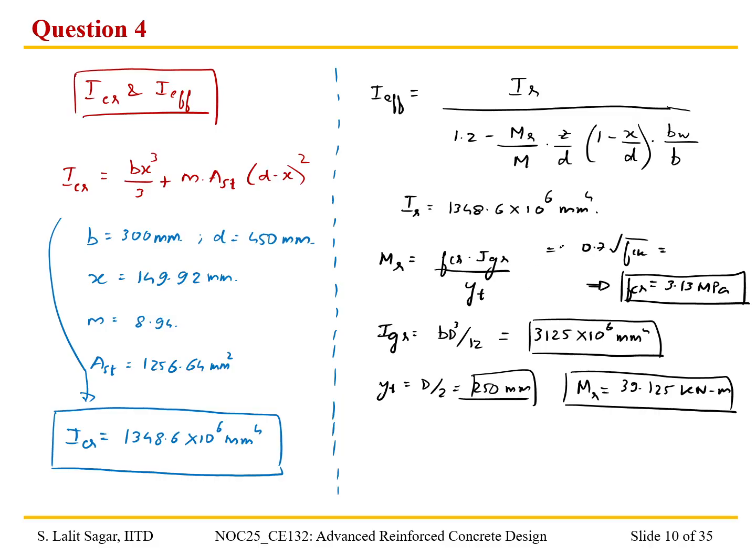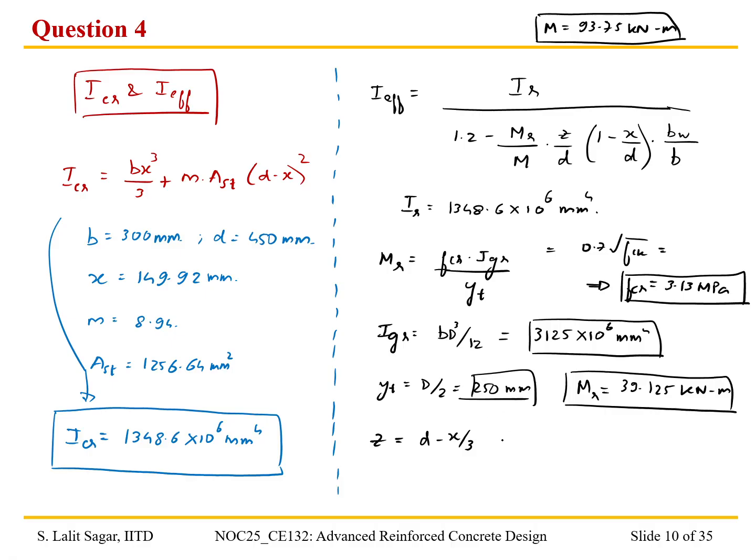Let me write down the value of M over here because we took that from the previous slide. So M is equal to 93.75 kilonewton meter. Now we need to determine the Z. Z is the length of the lever arm, so Z is equal to D minus X by 3. That is the distance between the center of the reinforcing steel and the center of gravity of the concrete compression block.